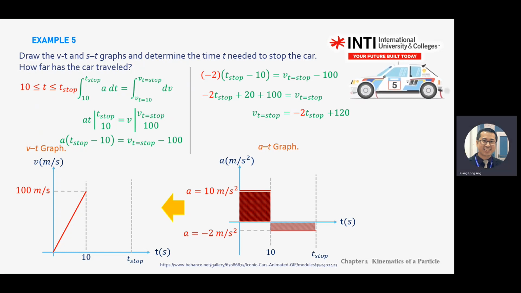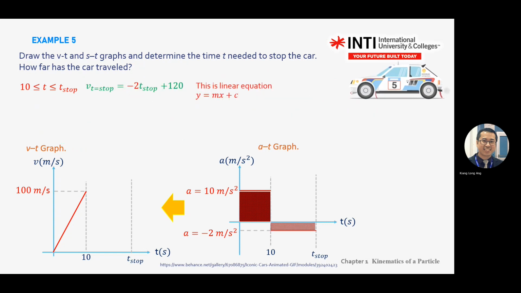This one, you write the equation v equal -2t plus 120. Any question? Why does this one go down? No? Okay.